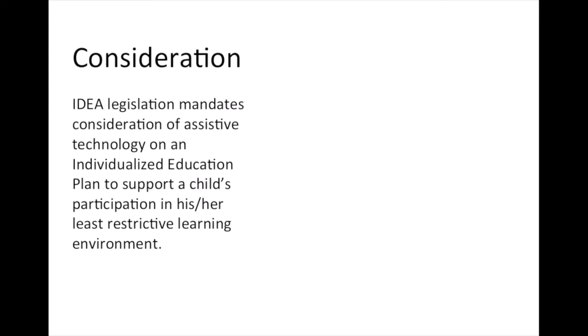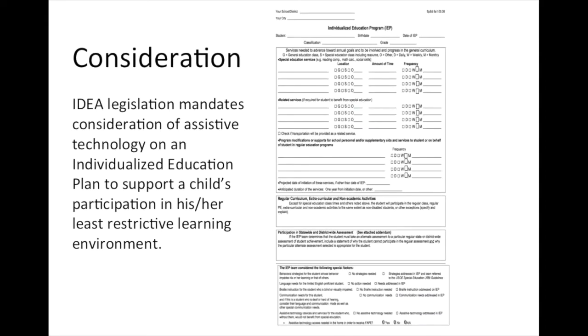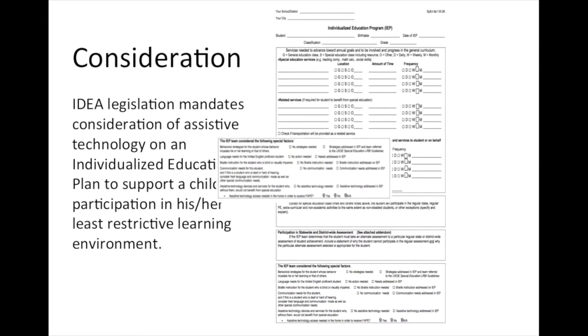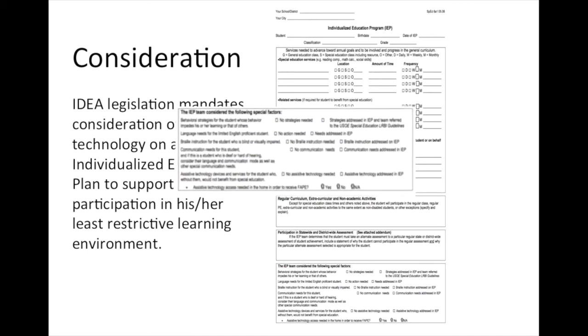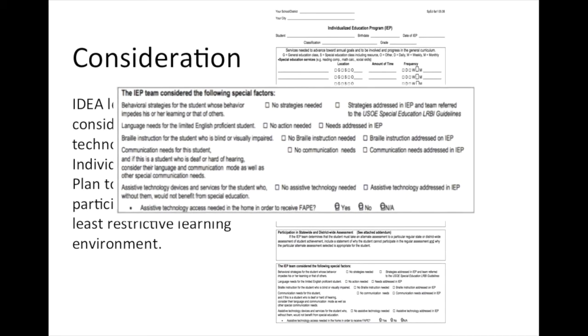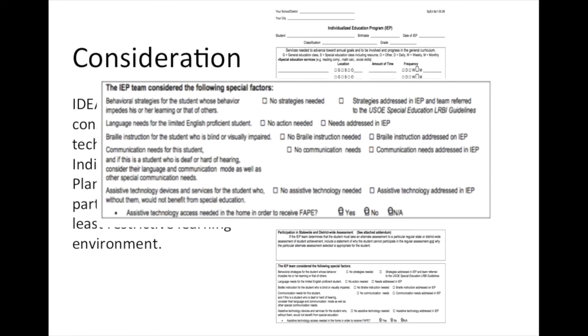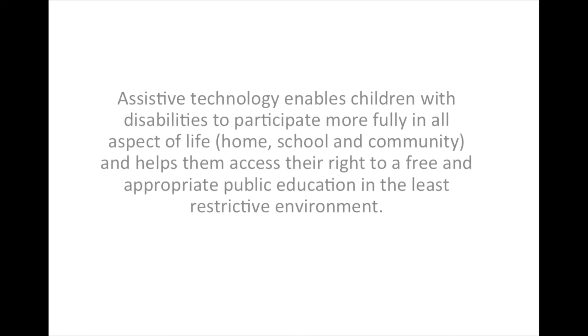Consideration of assistive technology often begins in an individualized education plan to support the child's participation in his, or her, least restrictive learning environment. The Individuals with Disabilities Education Act, or IDEA, mandates consideration of assistive technology on the IEP. Assistive technology enables children with disabilities to participate more fully in all aspects of life and helps them access their right to a free and appropriate public education in the least restrictive environment.